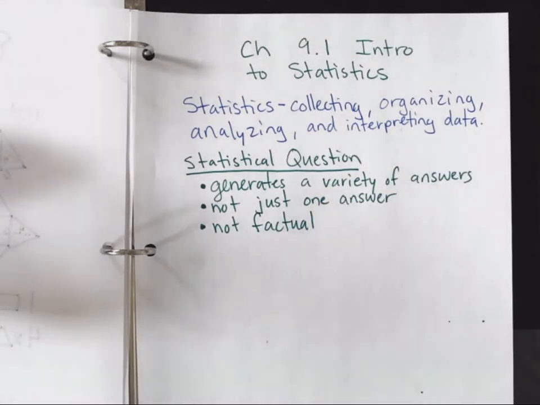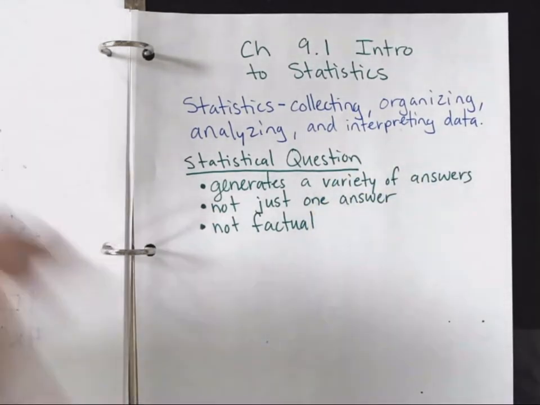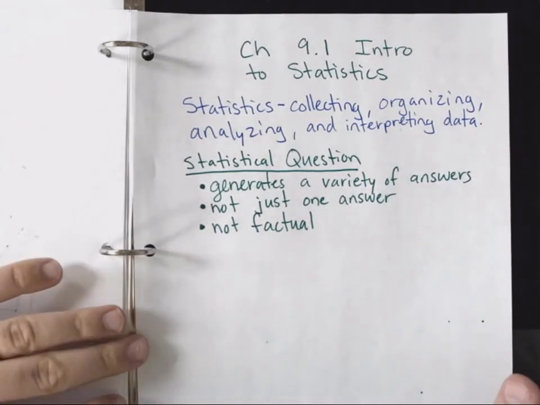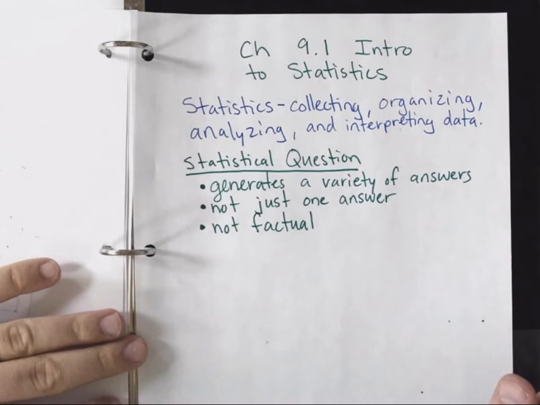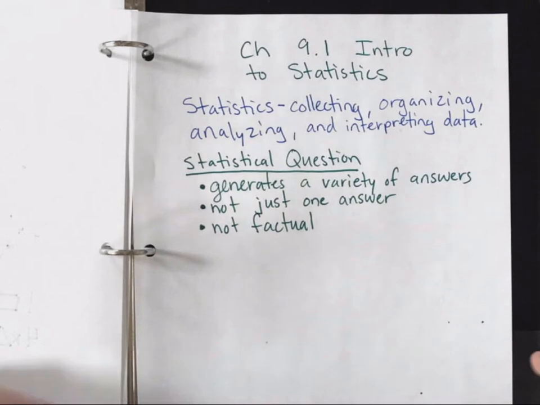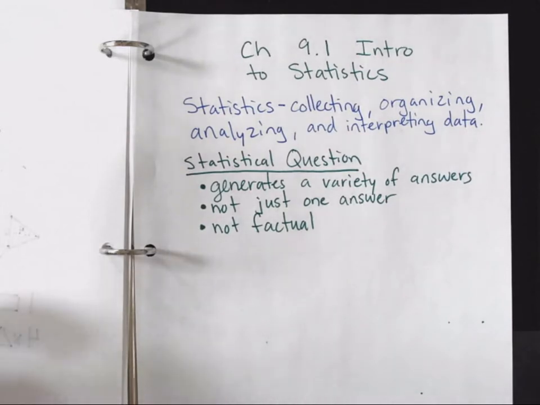Okay, so let's give you some examples so that you know what I'm talking about. Okay, so some different kinds of statistical questions. That's what we're going to focus on in this chapter. We have to really be able to distinguish what is a statistical question, and we're going to start to create our own statistical questions that will allow us to gather and collect data.